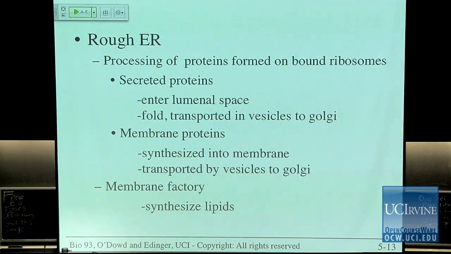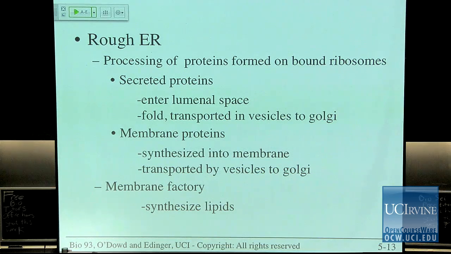And we have membrane proteins that are synthesized into the membrane, so they would be synthesized like this, so they would end up in the membrane like this, and then a vesicle would be formed from that membrane and transported to the Golgi.